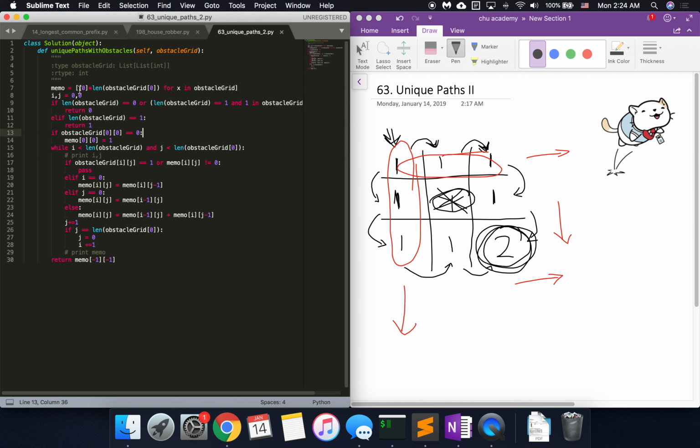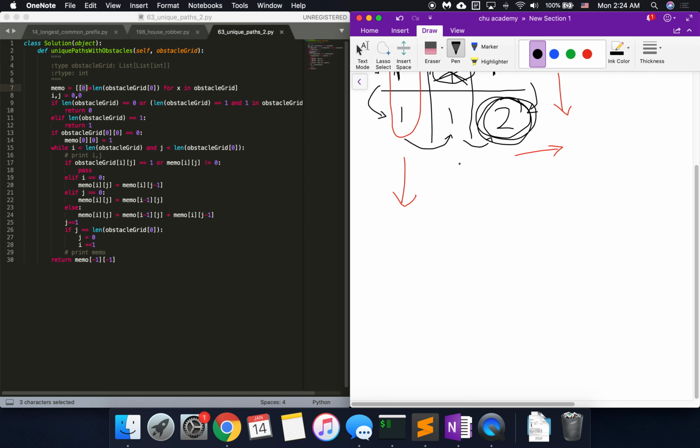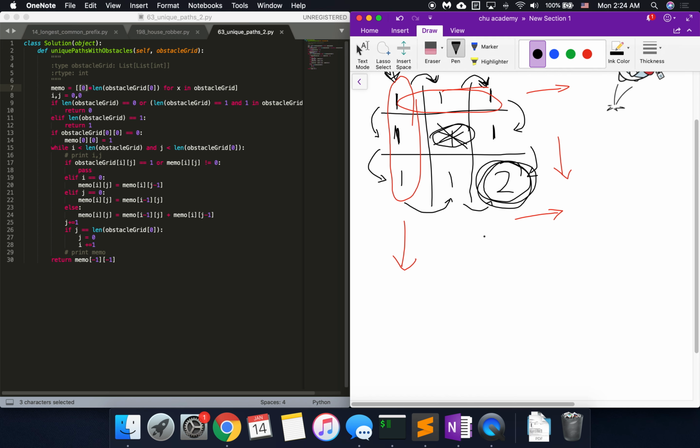Basically, what you do is first initialize this to all zeros, because you haven't explored the number of paths that go through each index yet. So 0 times the length of obstacle grid 0 gives you the columns.